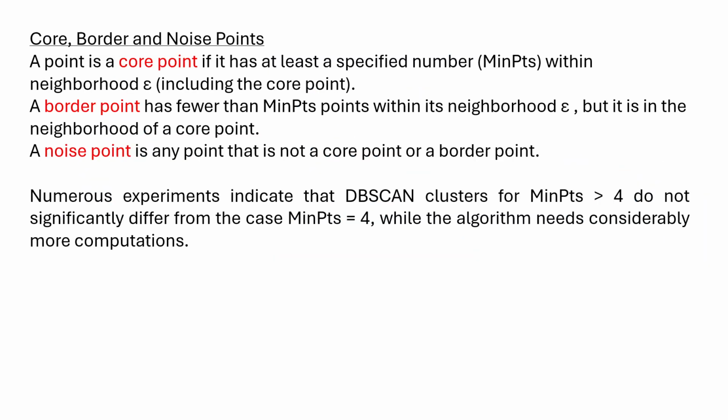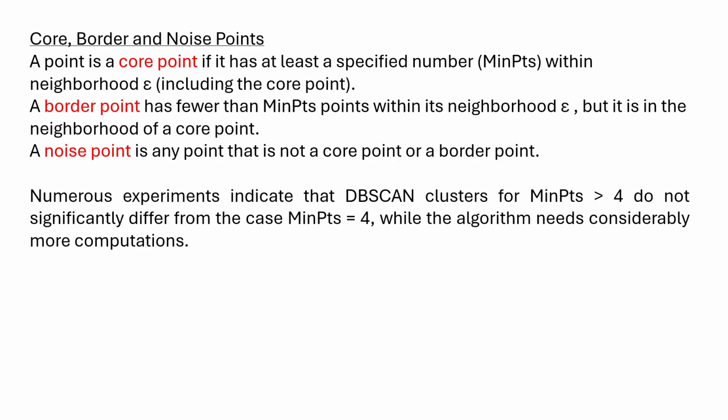Core, border, and noise points. Understanding these three types of points is essential to understanding DBSCAN. A core point has enough neighboring observations within the epsilon radius to satisfy the minimum density requirement. These points form the backbone of a cluster.